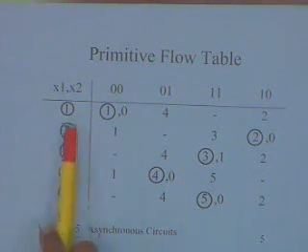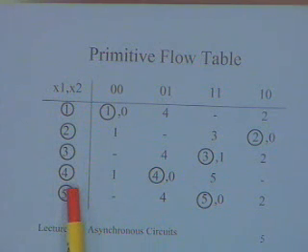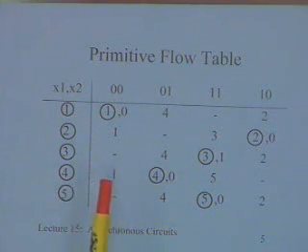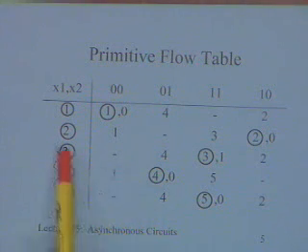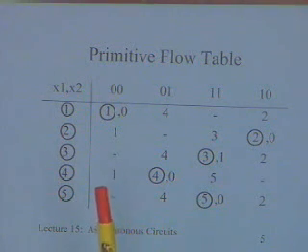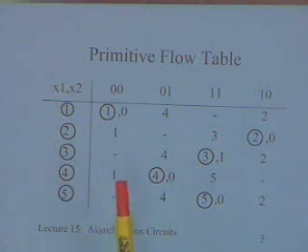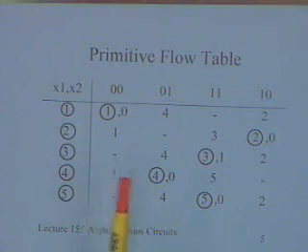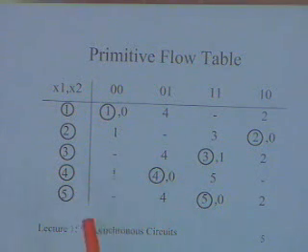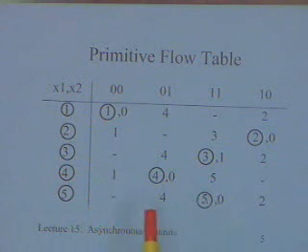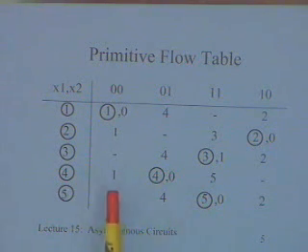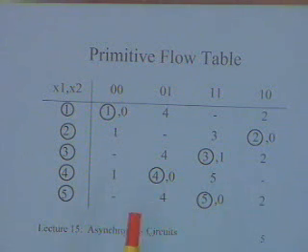But please remember here, these 5 states do not have to be just represented by the secondary variables. These 5 states are what we are here, both a function of the input as well as the secondary state. So now what we do is we go through a process of reducing this primitive flow table, and then arrive at what are the secondary variables required.